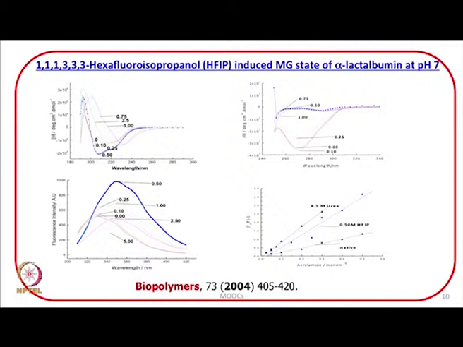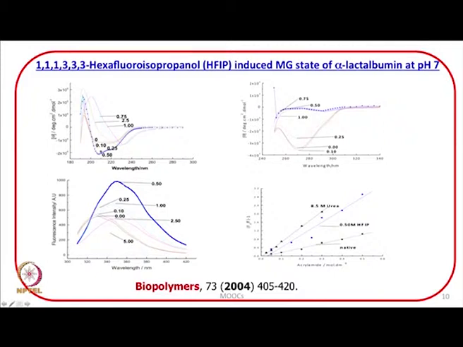For the time being, if we just concentrate on the blue line, it shows two negative bands at about 205 and 222 nanometer, characteristic of alpha helix. Very strong secondary structure, just similar to that of the native one. Native one is shown over here, 0 molar.